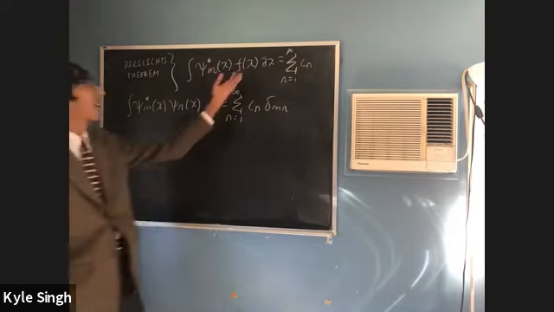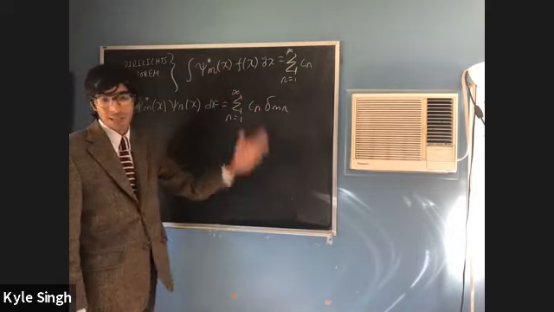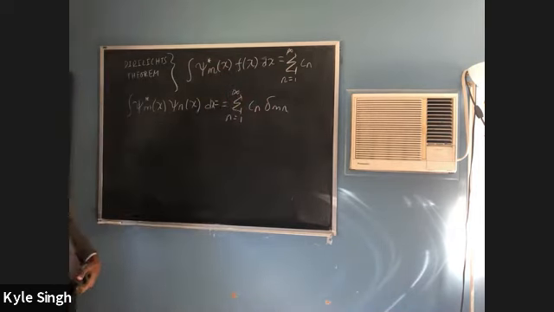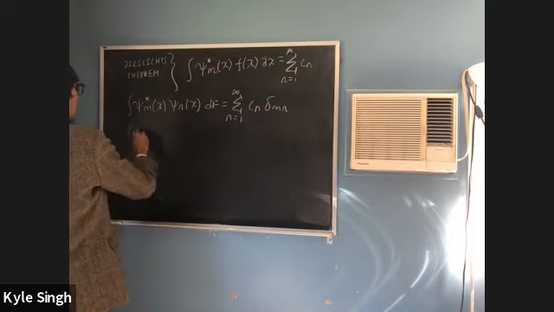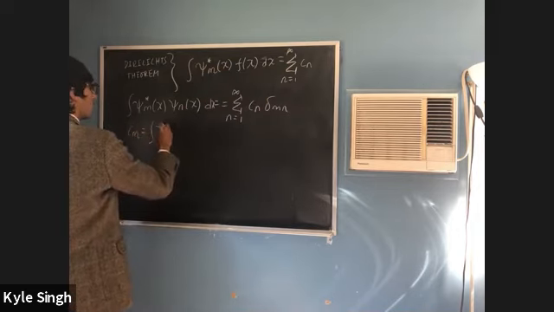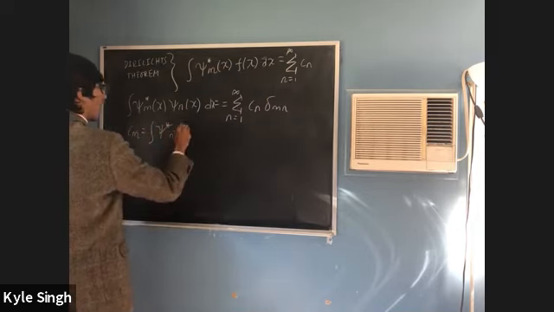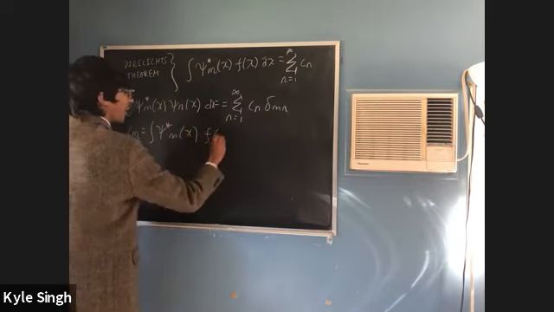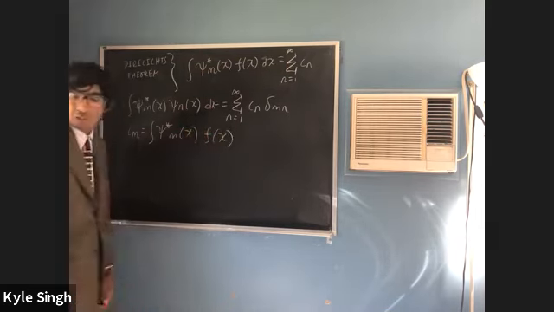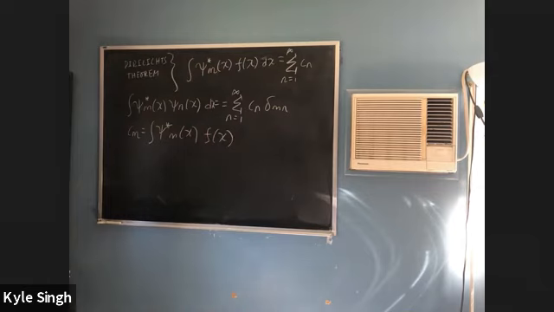Well, psi of x is just any function f of x. I'm being very loose, it doesn't matter. So therefore, c_n equals the integral of psi star m of x times any arbitrary function f of x. This can also be a wave function, it doesn't really matter.